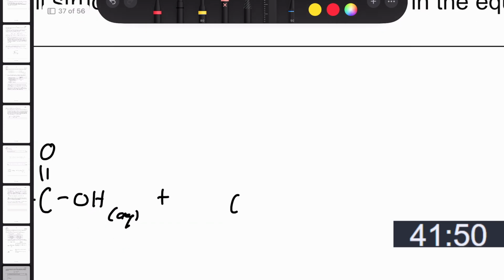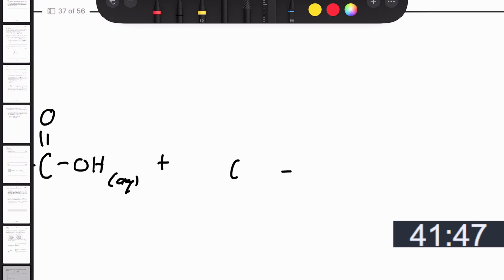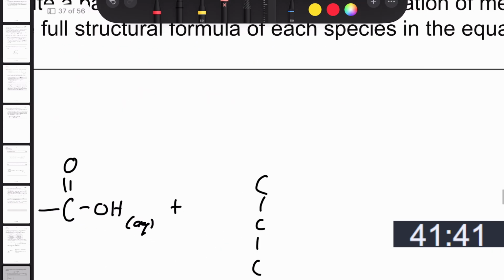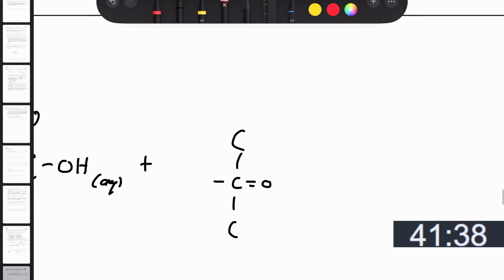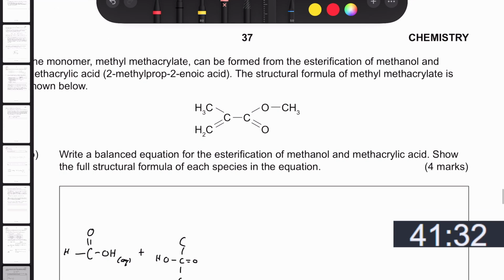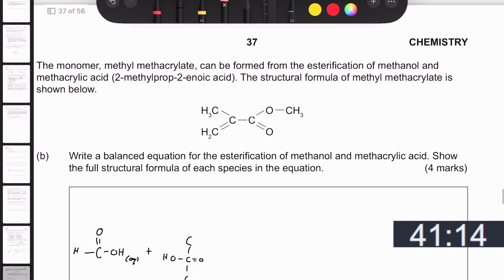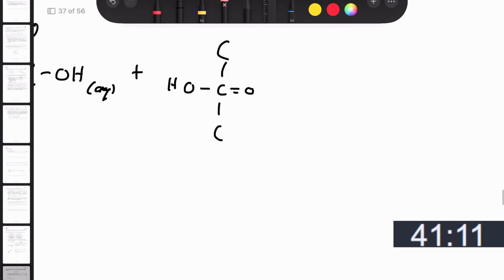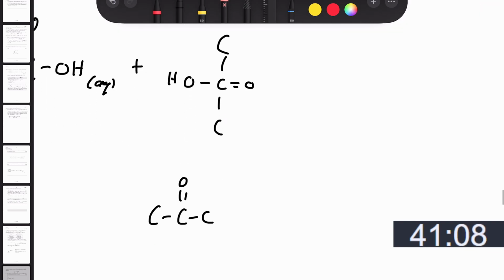So I'll do it like this. 1, 2, 3. Propenoic, so that's going to be COOH. And then 2-methyl. How am I going to have a methyl group?